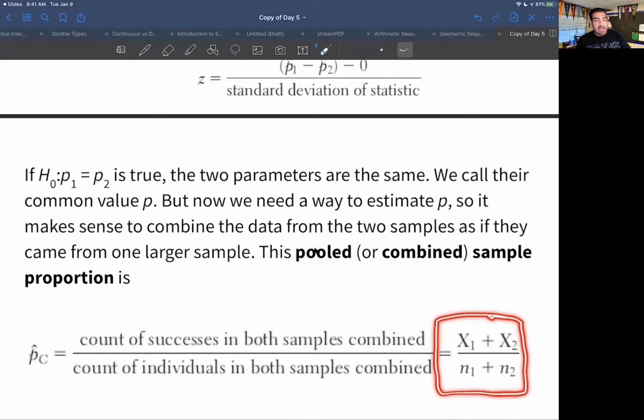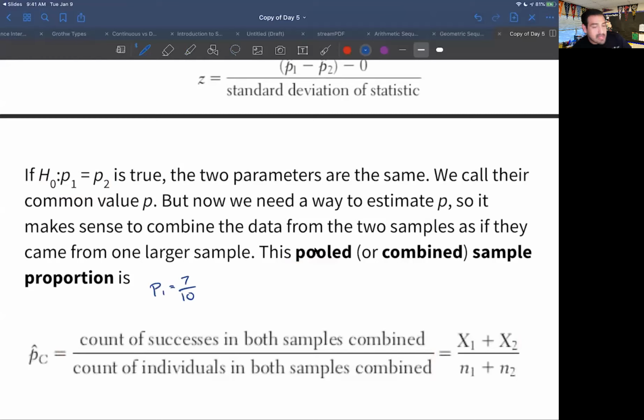So for example, if we were talking about marbles in a jar, and we're talking about the proportion of blue, say my first sample, I get 7 out of 10 being blue. Let's say now I'm talking about a different jar of marbles, and this time I'm talking about red, and let's say that my sample for this second one is 3 out of 8. Let's say there were only 8 marbles.